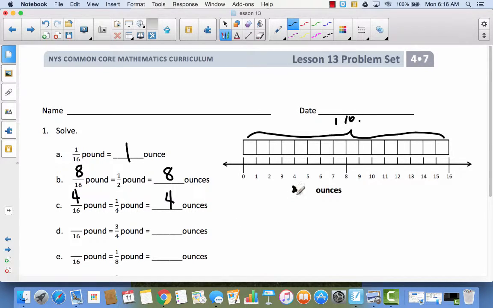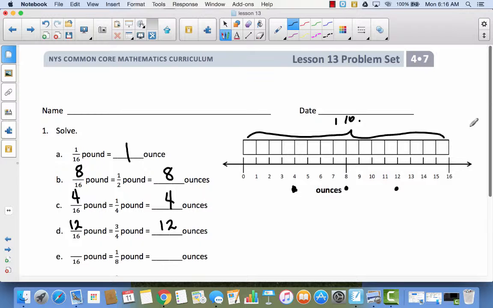Now, if I had 3/4, so if this is 1/4, then this would be 2/4, and this would be 3/4. So 3/4 would be equal to 12/16 of a pound, which would be equal to 12 ounces.